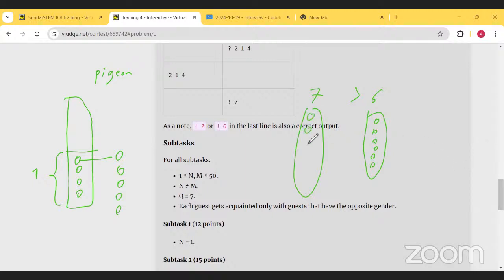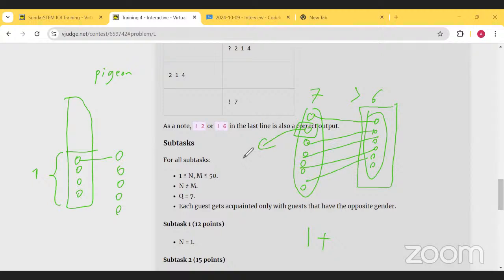So let's say one of the men is not paired. That's why at first we query once with all of the women. If there is a man that is not paired, we can directly output the answer.